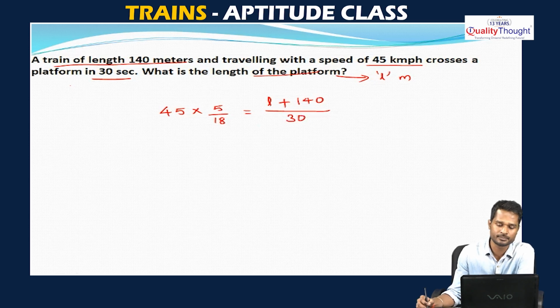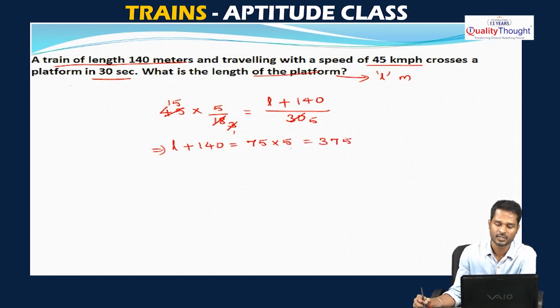So simplify it. 6 threes are 18, 6 fives are 30. 3 ones are 3, 3 fifteens are 45. So it will be L plus 140 is equal to 15 fives, which are 75, into 5. 75 fives are 375: 75 times 5 is 350 plus 25, which is 375.